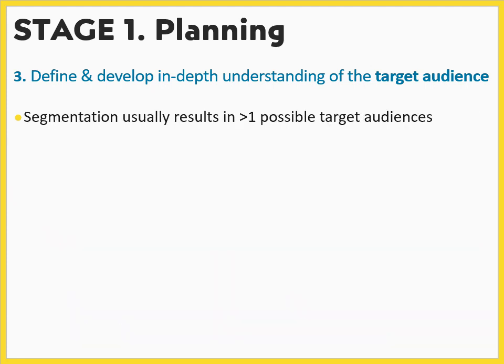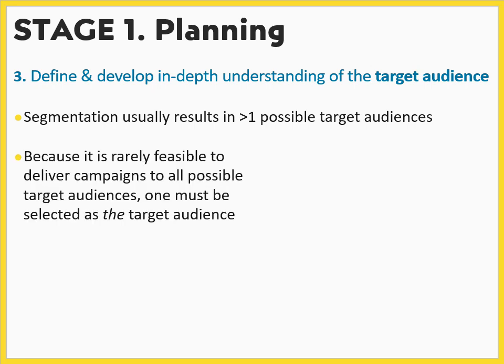Notice that segmentation usually results in more than one possible target audience. Due to financial, staffing, or time constraints, though, it's rarely feasible to deliver campaigns to all the possible target audiences. This means that one must be selected as the target audience.